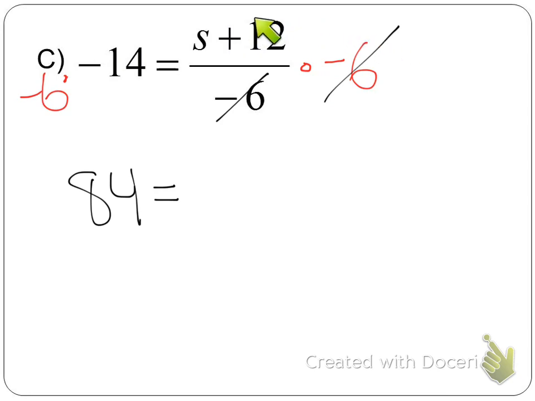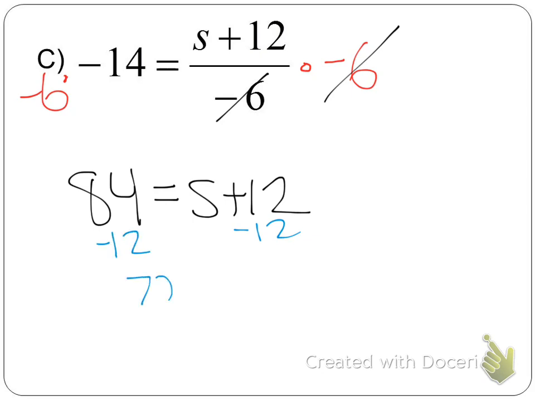We don't have to distribute this to the top or do any silly stuff like that. These two are gone. That was the whole point. All you're left with is what was up top. Okay, now you're up in the penthouse. And then what? Yeah, subtract 12 from both sides. And you will get 72 equals S, or S equals 72.